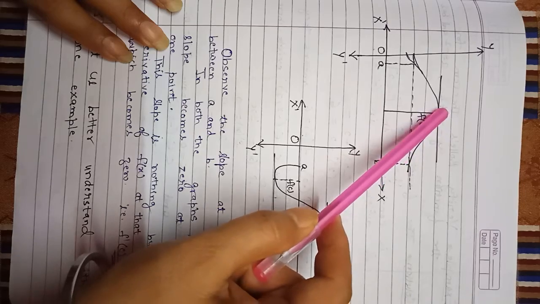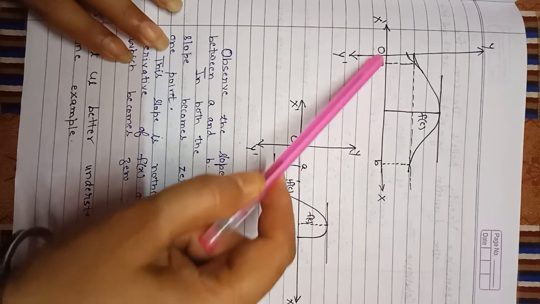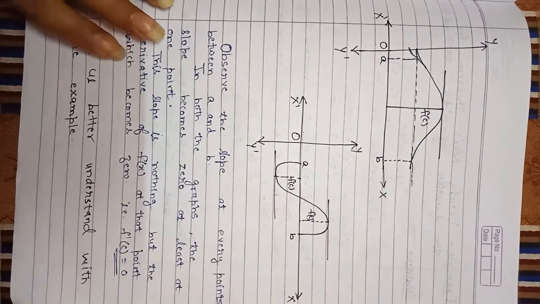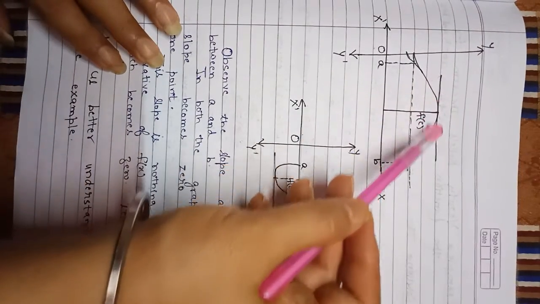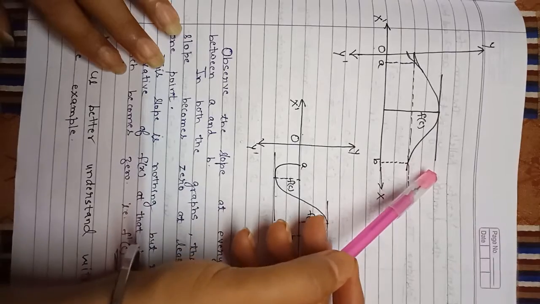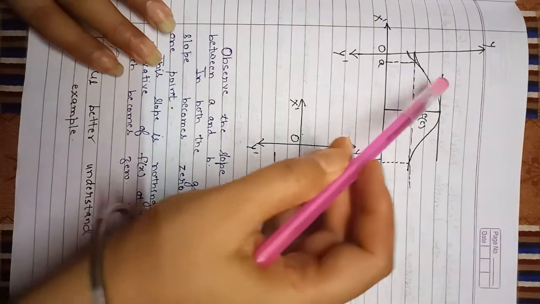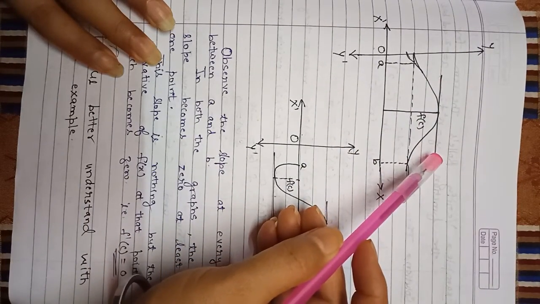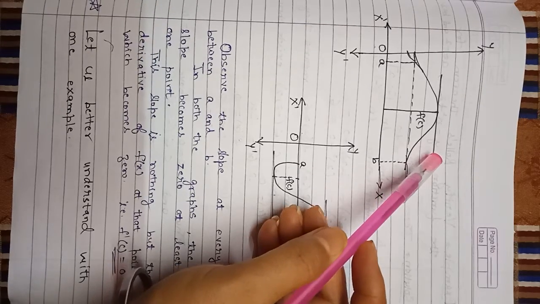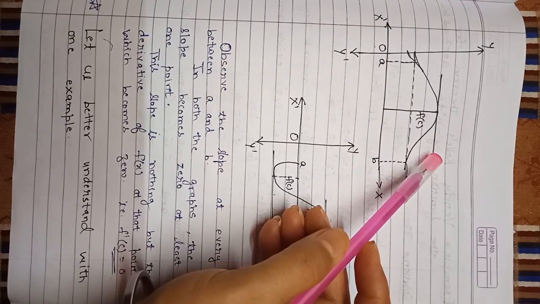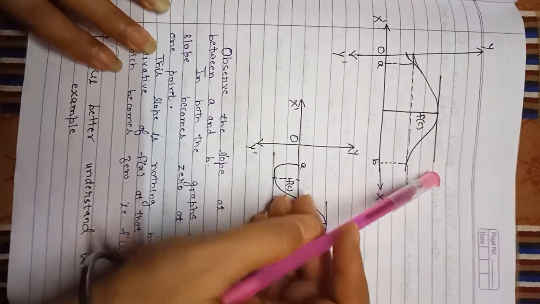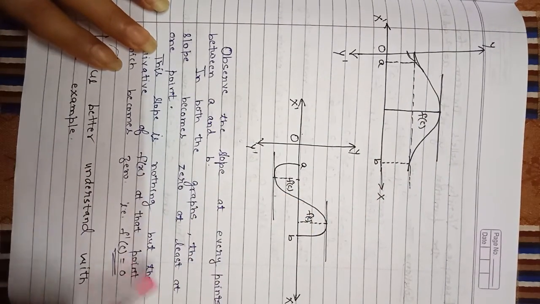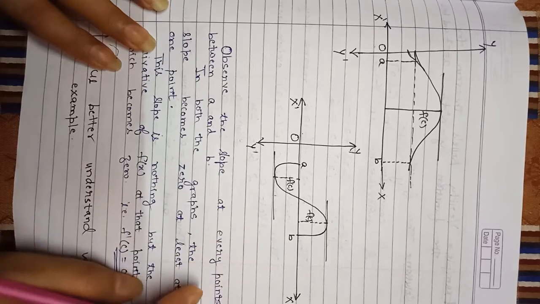Then there exists a point c between a and b where the tangent becomes a straight horizontal line. The slope will become 0, meaning f dash c, the derivative at that point, becomes 0.